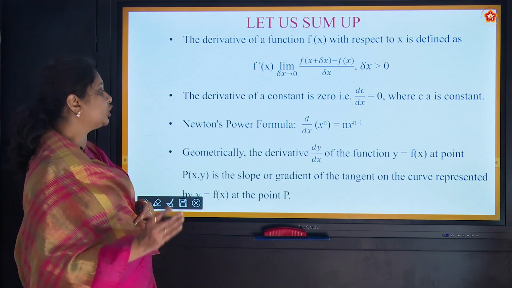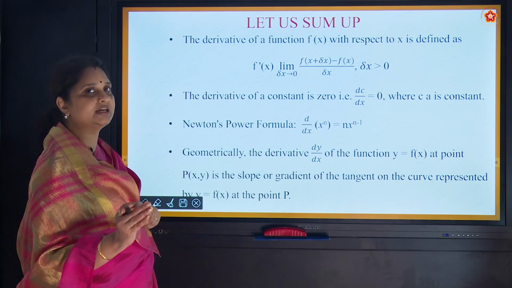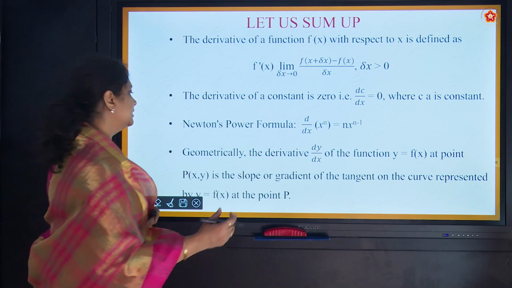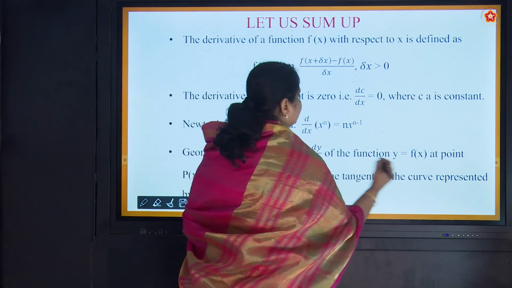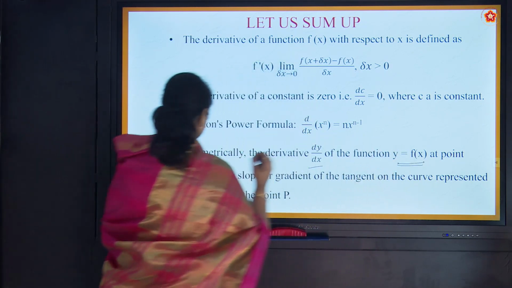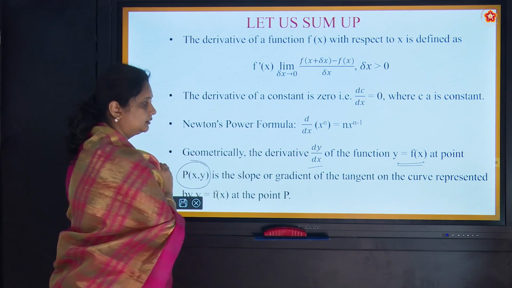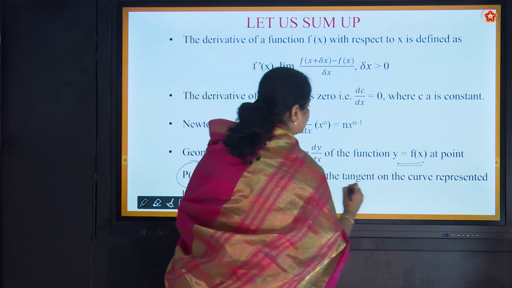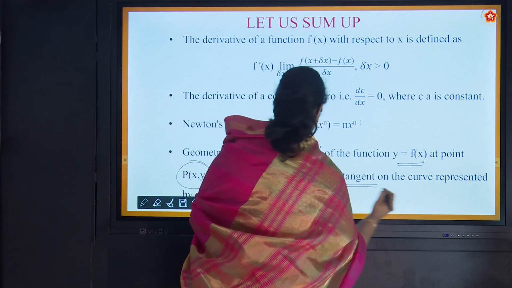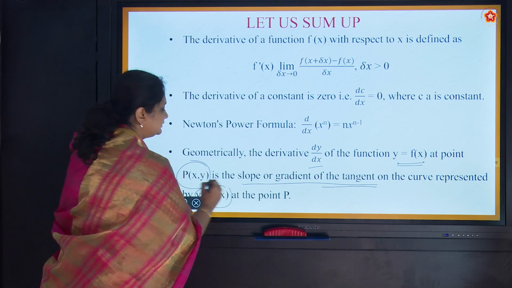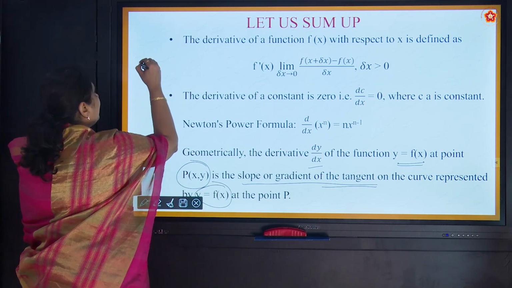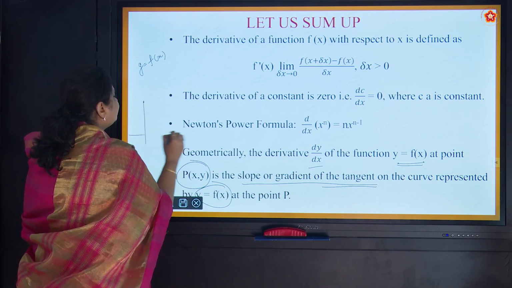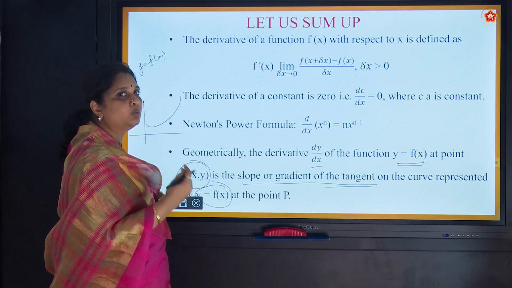Now, what is the geometrical representation of a derivative? The geometrical meaning of a derivative rather. So, dy by dx of any function at one particular point is nothing but the slope or gradient of the tangent on that curve that is represented by this function. Meaning, when you have a function y is equal to f of x, when you plot it on a graph, you get a curve or straight line or whatever.